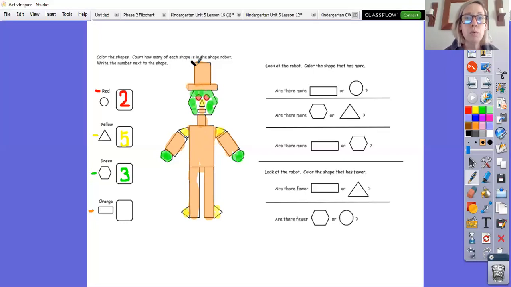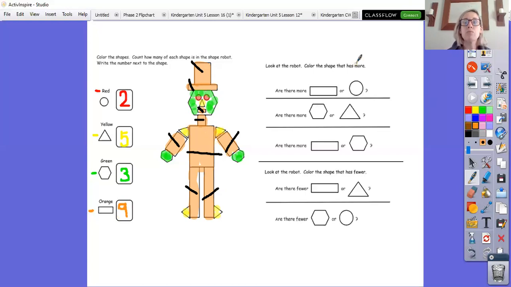So let's count 1, 2, 3, 4, 5, 6, 7, 8, 9. So there's 9 rectangles.